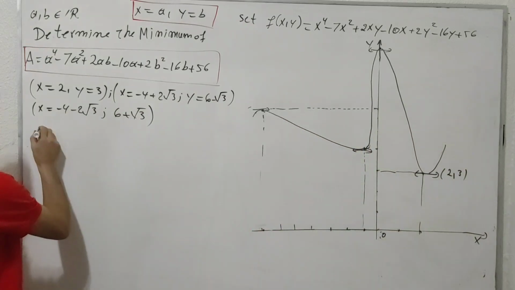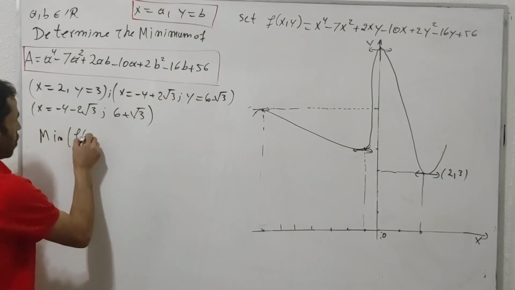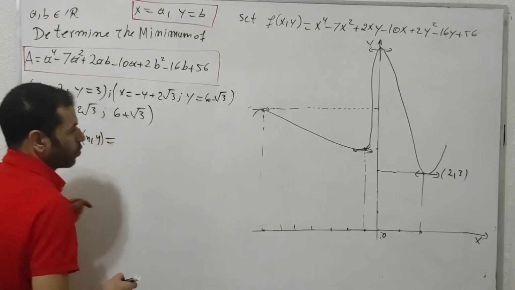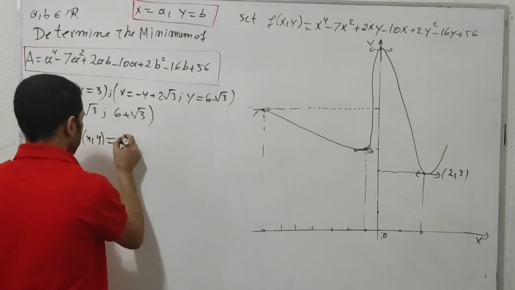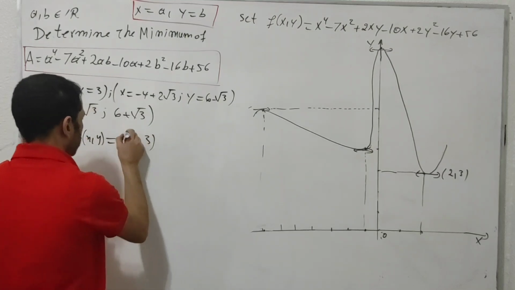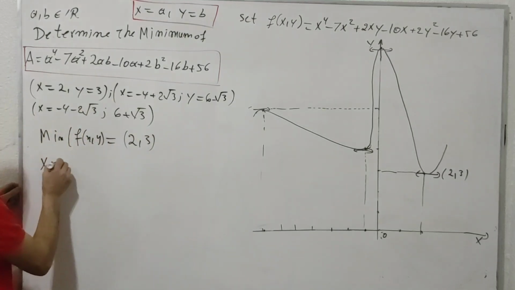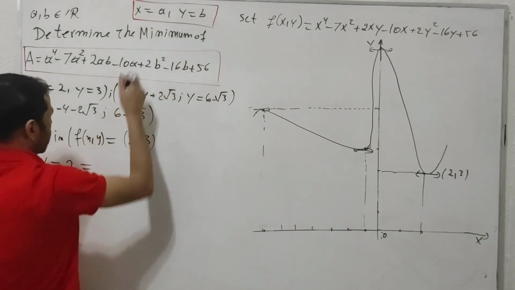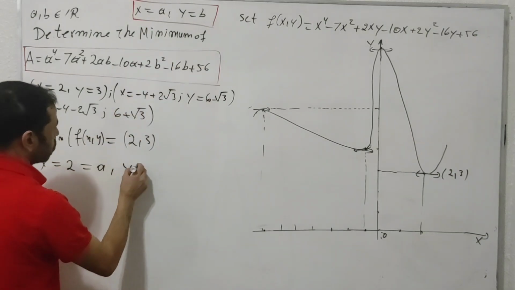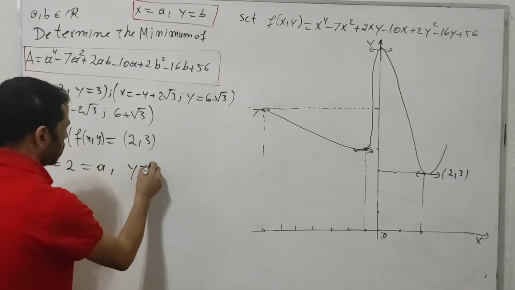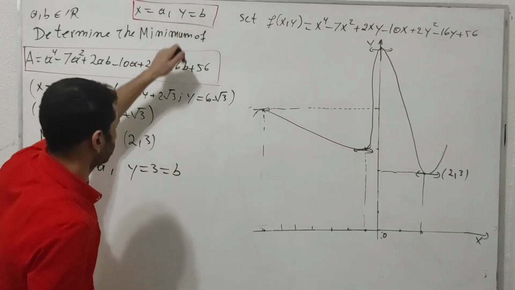So the minimum of f(x, y), we found at the point (2, 3) as a coordinate. So we have x equals 2, which equals a, and y equals 3, which equals b.